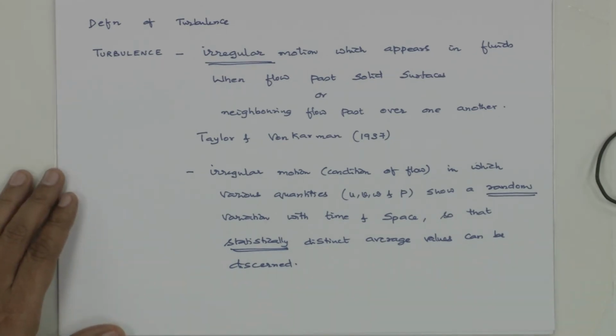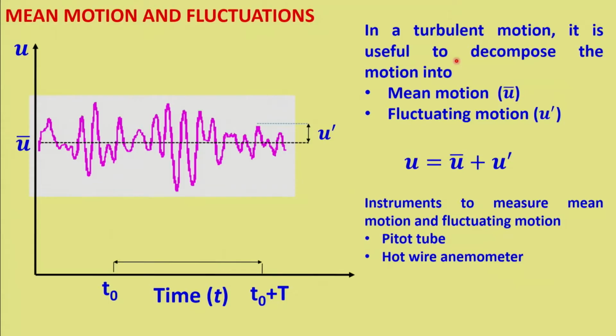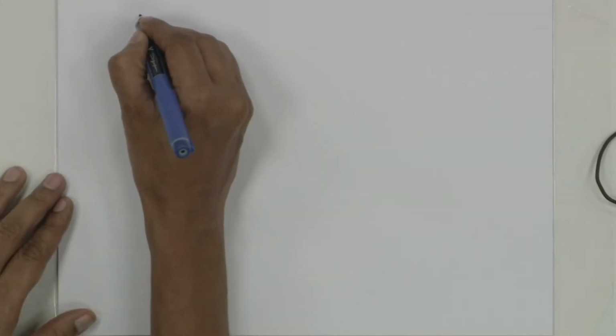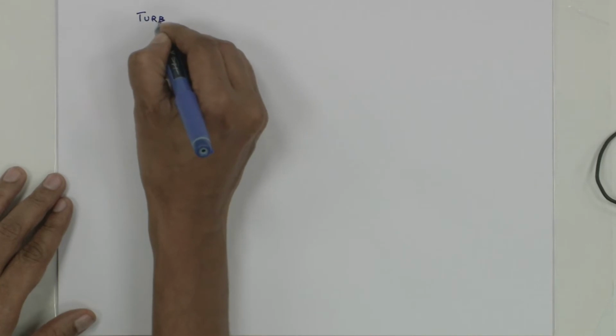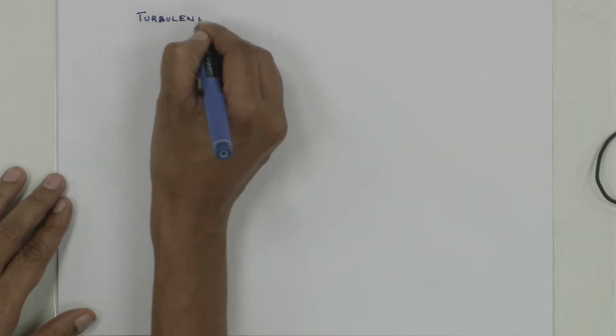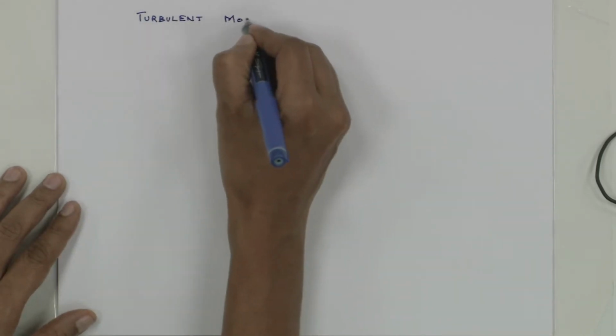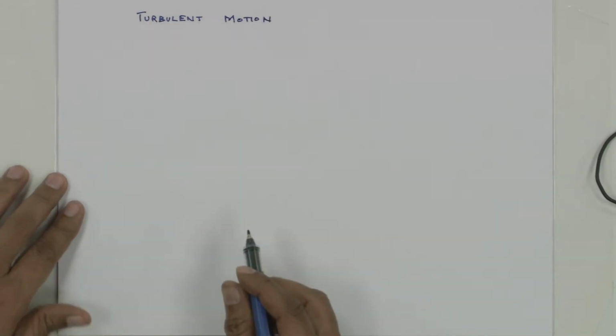So now let us see how we use statistics. In turbulent flow, turbulent motion is decomposed into mean motion and fluctuating motion.